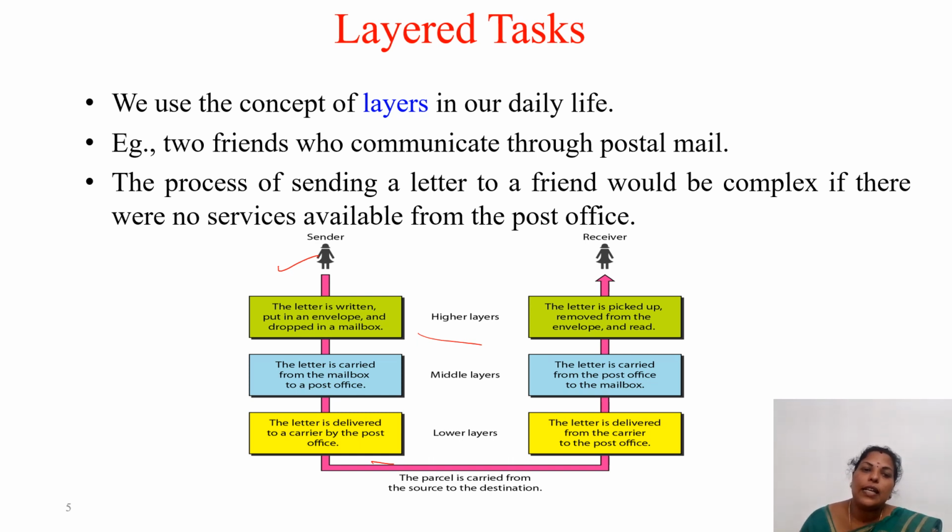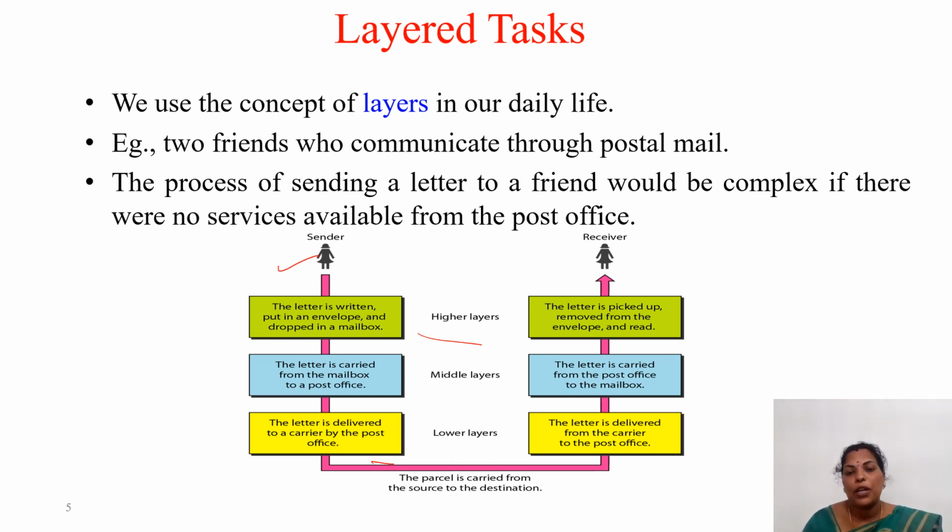So here you see, first the sender has to follow all levels: higher layer, middle layer and lower layer. Then it is passing to the communication media. Then again the same set of work is followed in reverse form: lower layer, middle layer and higher layer. So from this what we understand is that all the upper layers are taking the services of the lower layers.